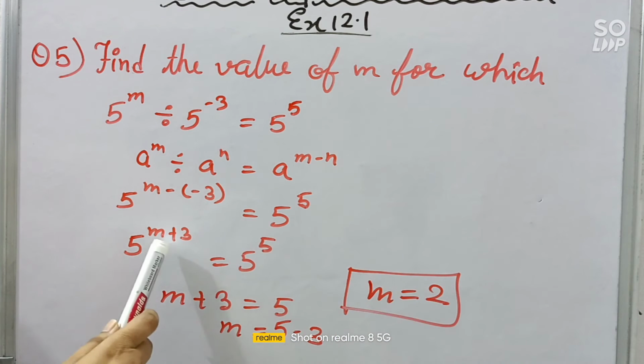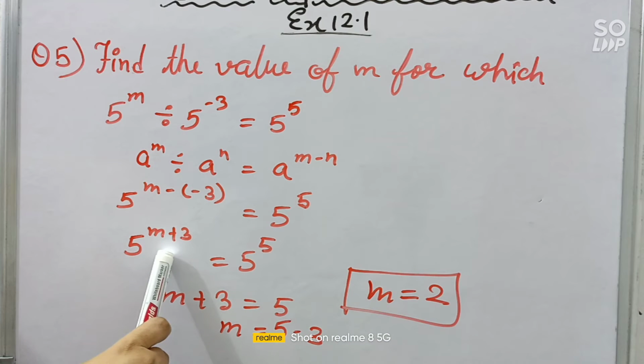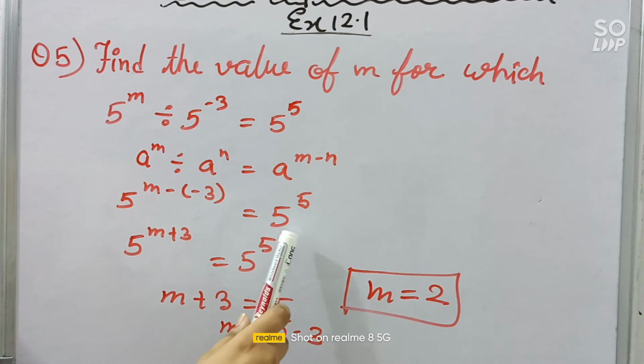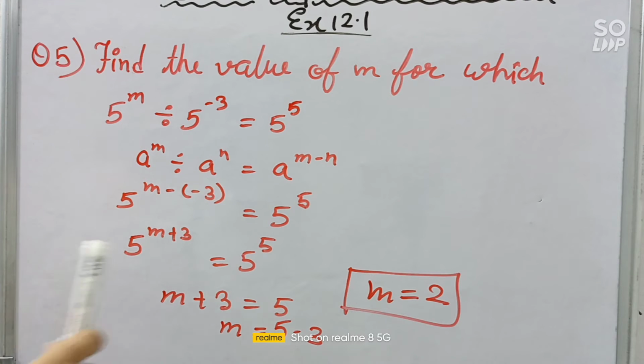Now you can see, put this value of 2 here and 2 plus 3 will become 5. So this LHS 5 raised to the power 5 is equal to RHS 5 raised to the power 5. That is why when bases are same on either side of equal to, that means exponents are always equal. So by this we can find value for m.